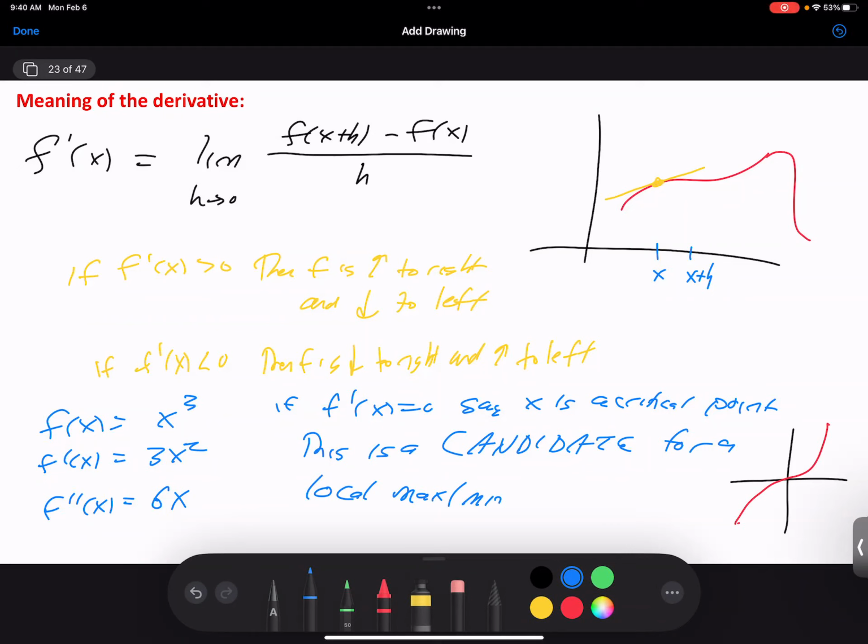What do you think is causing this change, this difficulty? So it doesn't have a maximum or minimum. Anybody have any guesses as to what's special about this function? This was a very cooked up example. Yes.